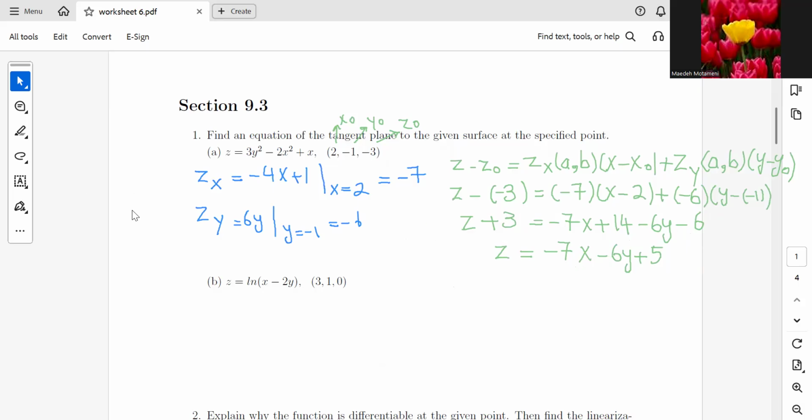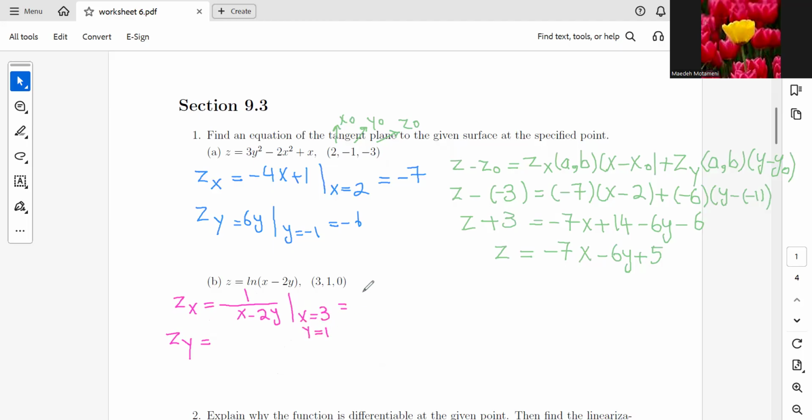Same idea for part B. We would find the derivative with respect to x and the derivative with respect to y. For the first one, since this is ln of x minus 2y, we would find the derivative of the inside, which is 1 when we find the derivative with respect to x, over whatever we have inside, at the point when x equals 3 and y is 1.